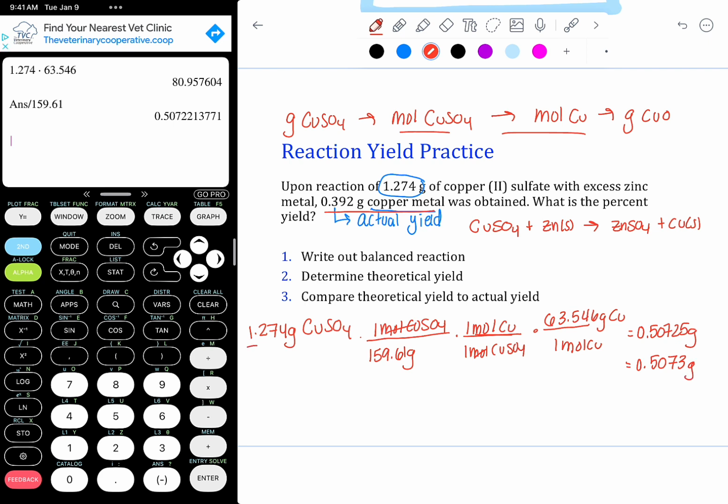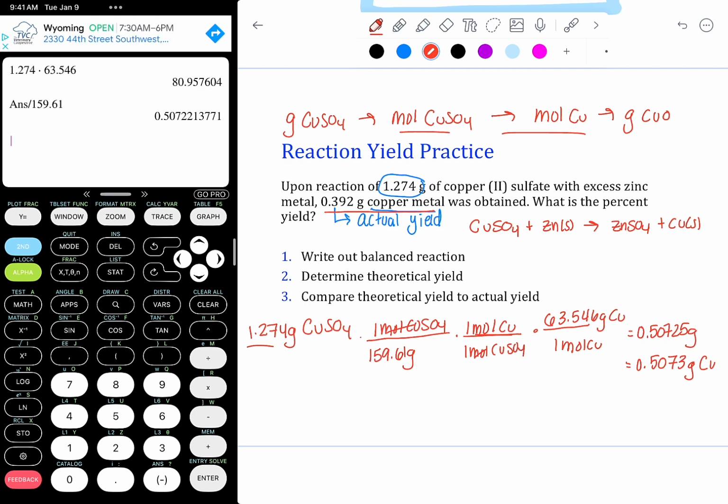Sorry, 4 sig figs coming from the 4 sig figs of copper sulfate. So that's our theoretical yield, 0.5073. So theoretically, if I started with 1.274 grams of copper sulfate, I should have produced 0.5073 grams of copper solid. But my actual yield tells me that I did not do that.